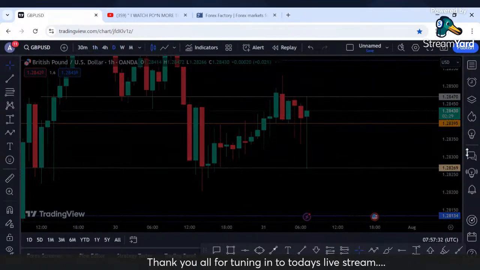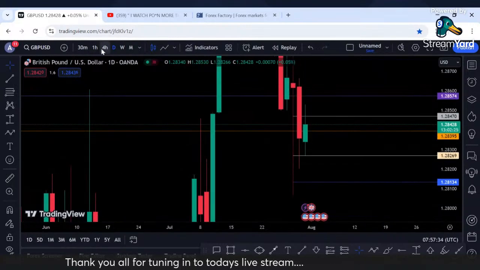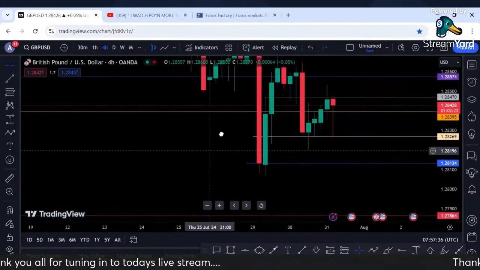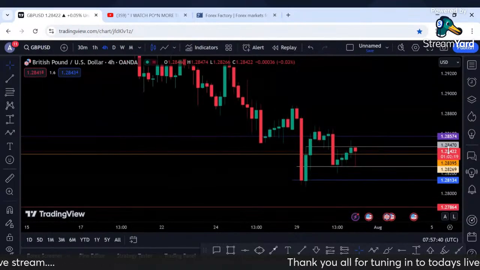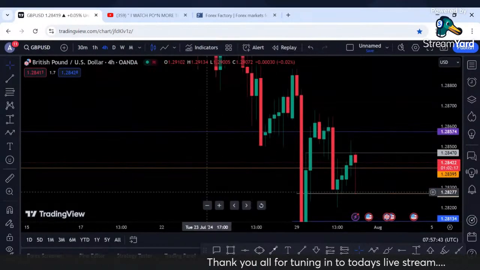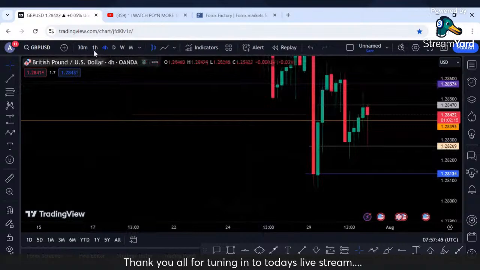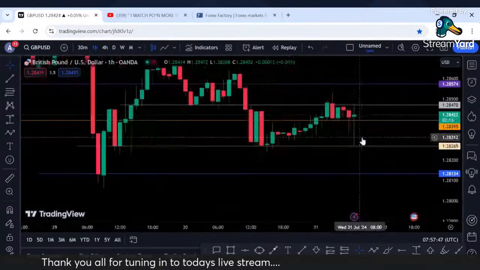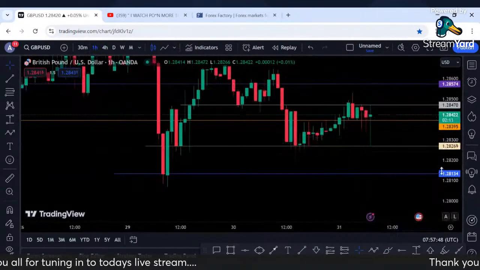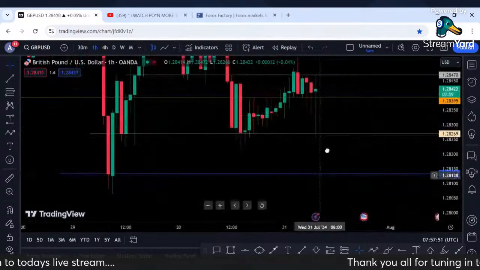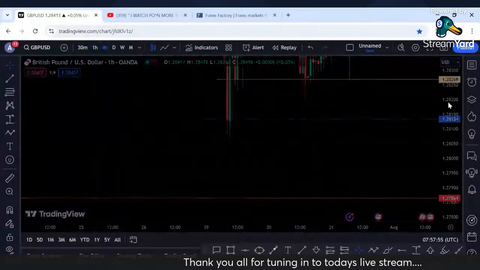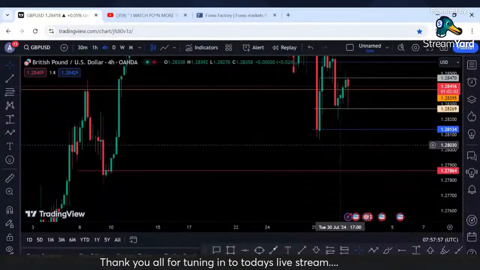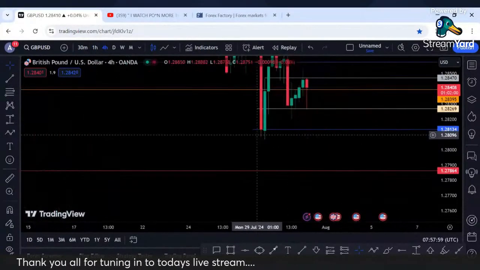So we have tomorrow and Friday. We need a strong breakout. Let me see. Either it will come down, then we take advantage of this range or this range.